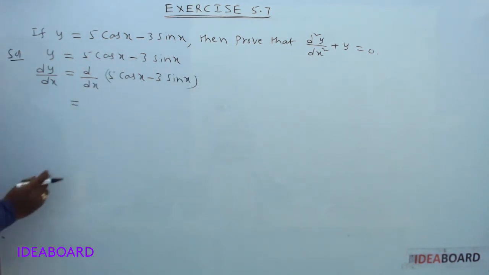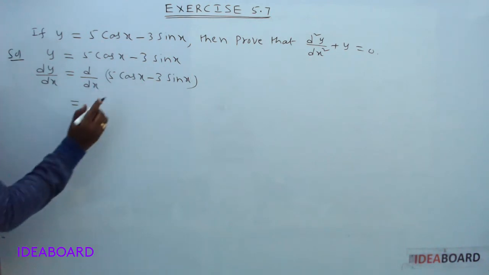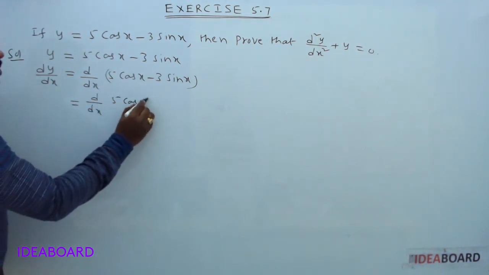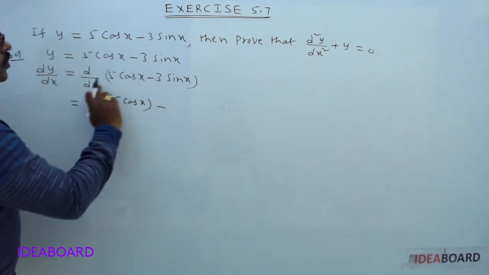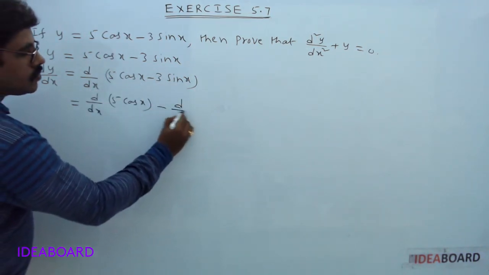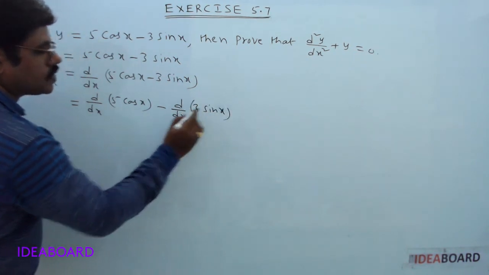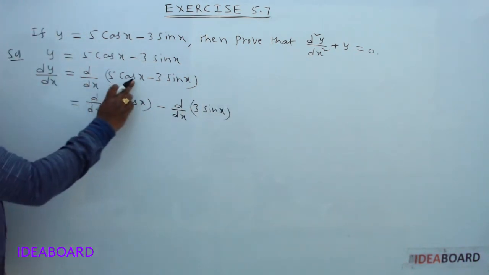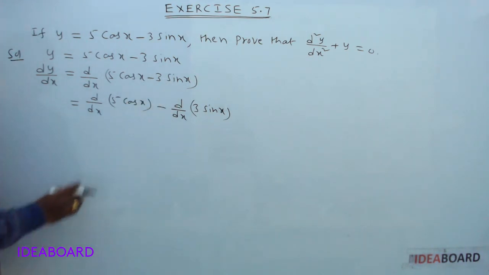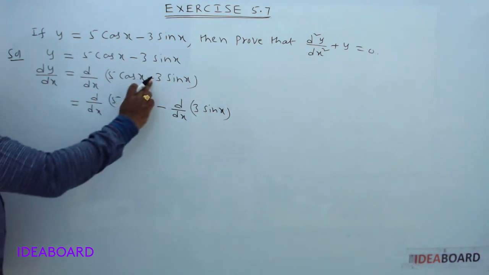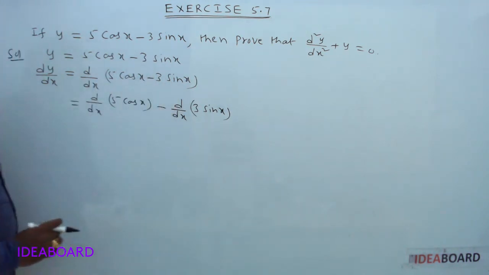Now this equals the derivative of 5 cos x minus the derivative of 3 sin x.